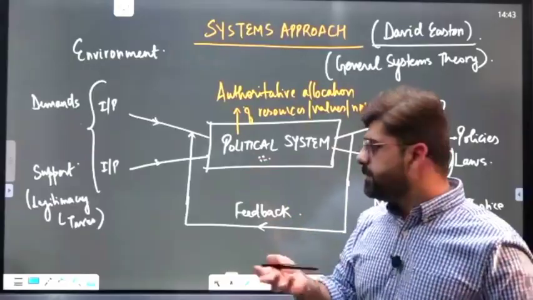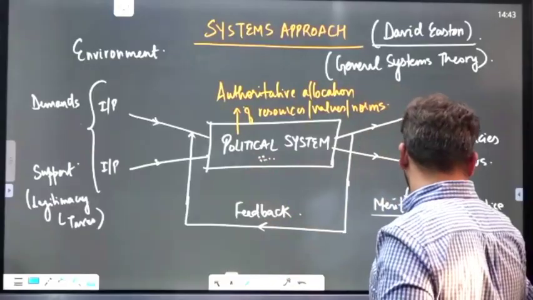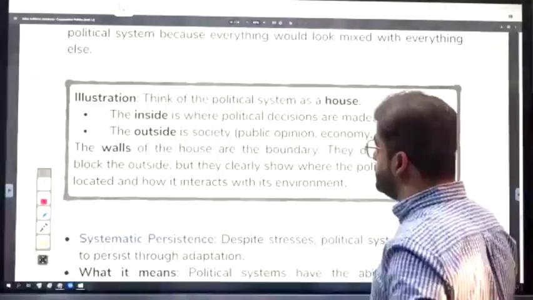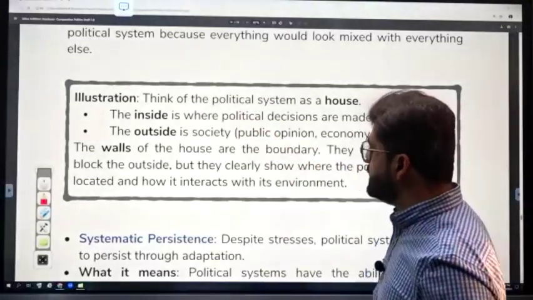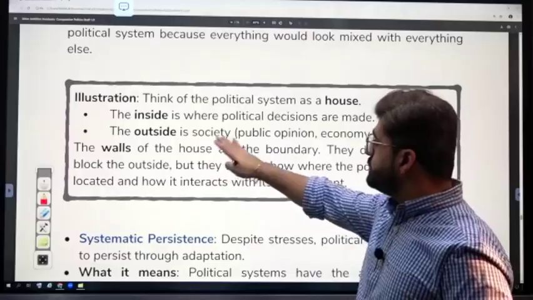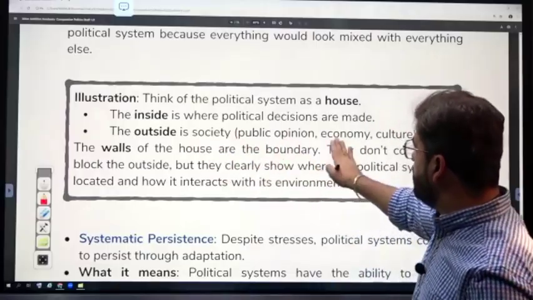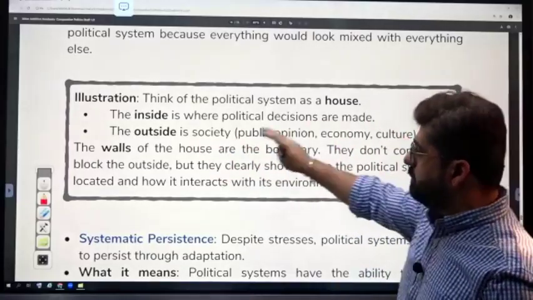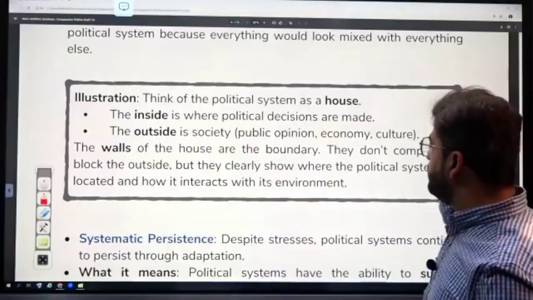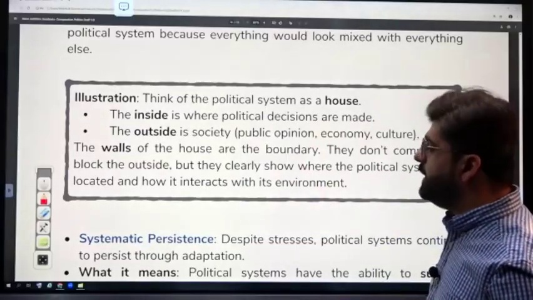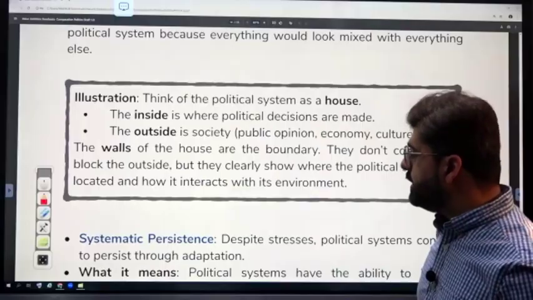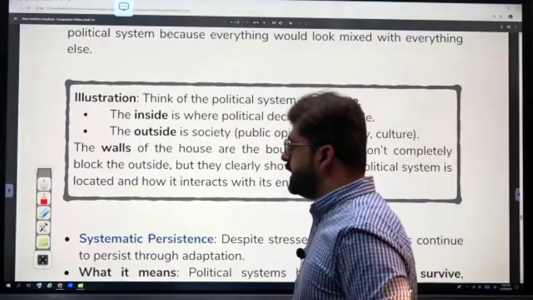Everything happens within the state. So political system, state, consider it the inside of a house where decisions are made. The outside is the society, public opinion, economy, culture. The walls of the house are the boundary. They don't completely block the outside, but they clearly show where the political system is located and how it interacts with the environment.